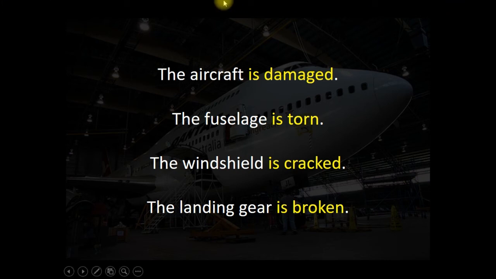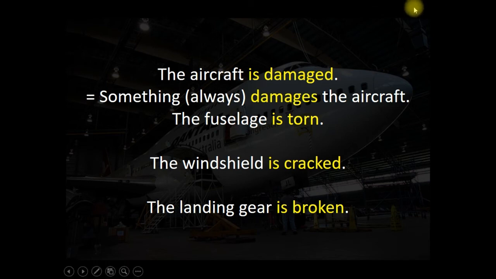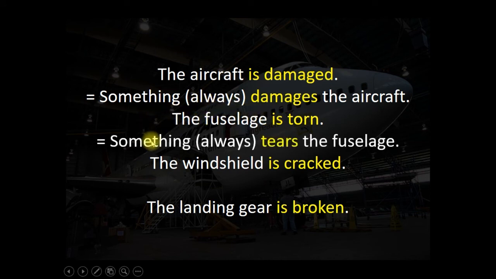And here's why. If we say the aircraft is damaged, are we talking about right now, or are we talking about a routine thing that happens? If it's passive voice, then this would be the same as saying something always damages the aircraft. That's not what we're saying. Or the fuselage is torn is like saying something always tears the fuselage.